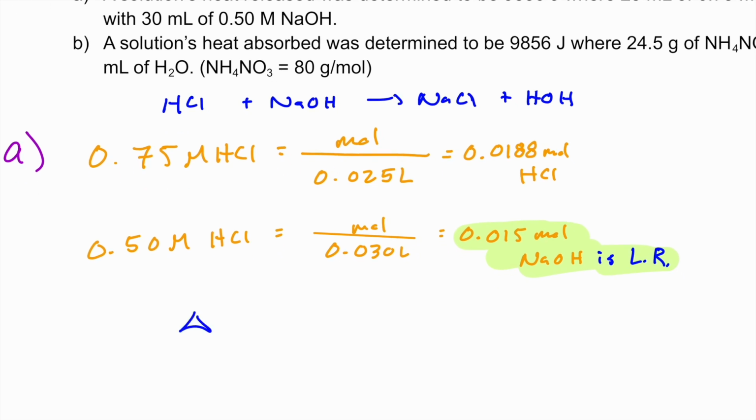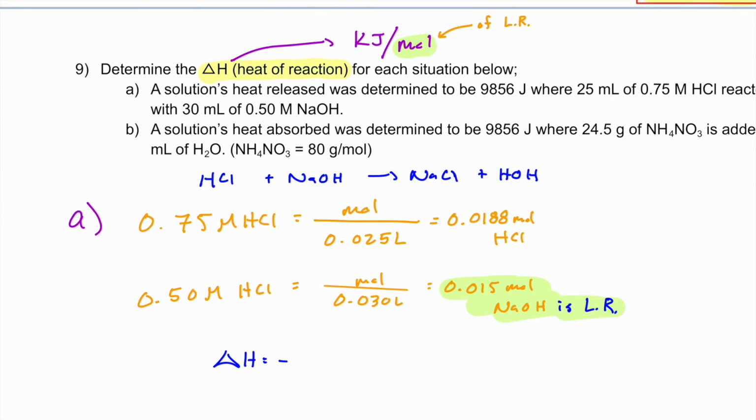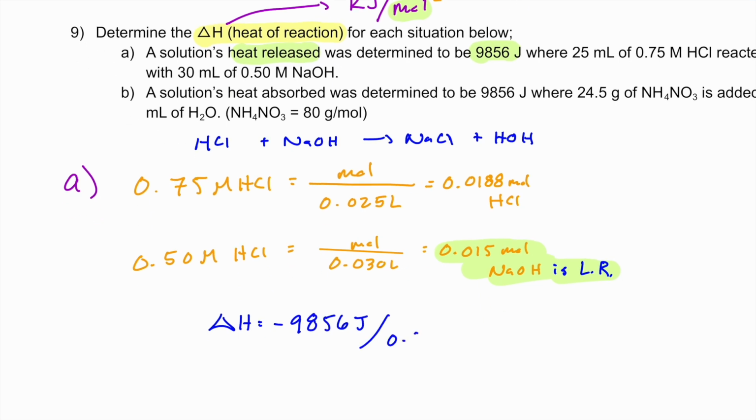So that means my change of H, excuse me, heat released, negative 98.56 joules over my limiting reactant of moles, and I get negative 657, and it would be 657,000, so I'm going into kilojoules.